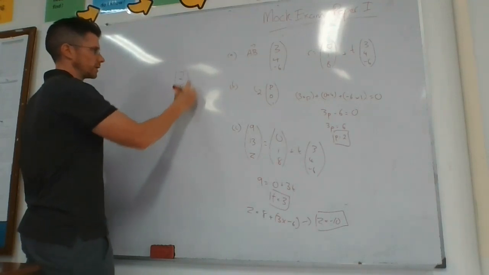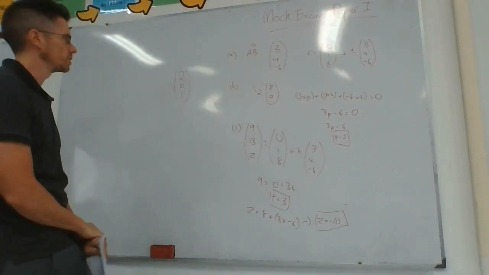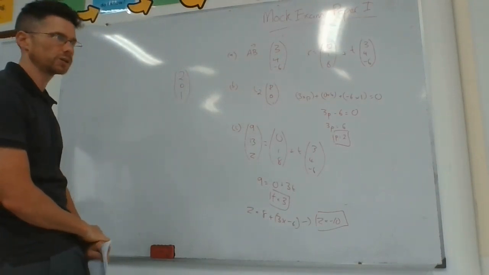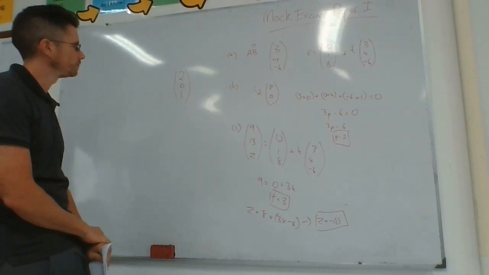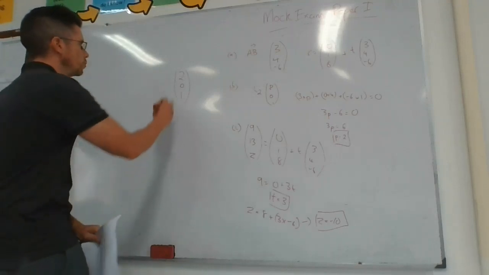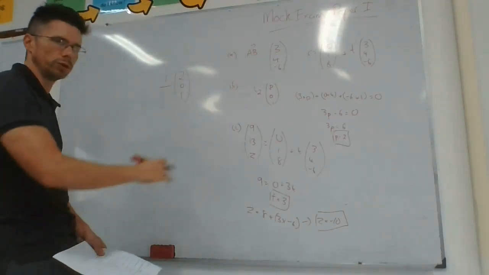But that's not a unit vector, that's just telling me how much direction it's going. For the unit vector, you need 1 over the magnitude. I can explain that in another video if you want me to, but that's just the rule. So it's 1 over the magnitude of this, so 1 unit in that direction.